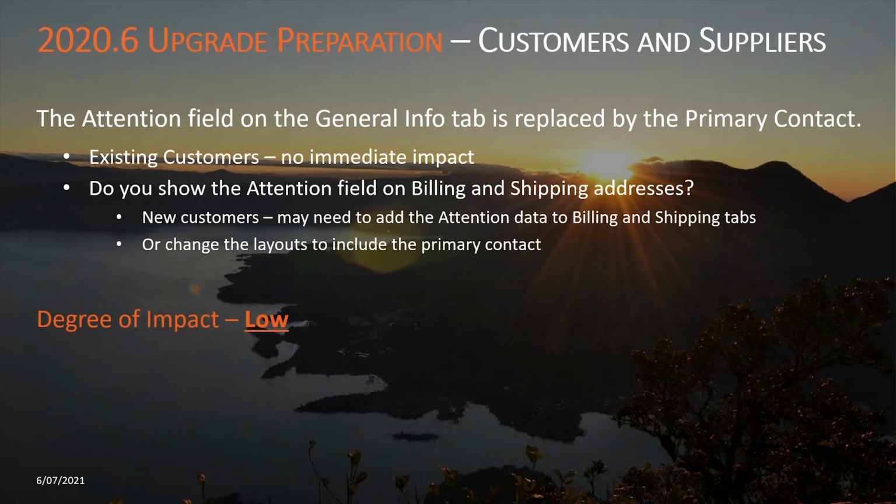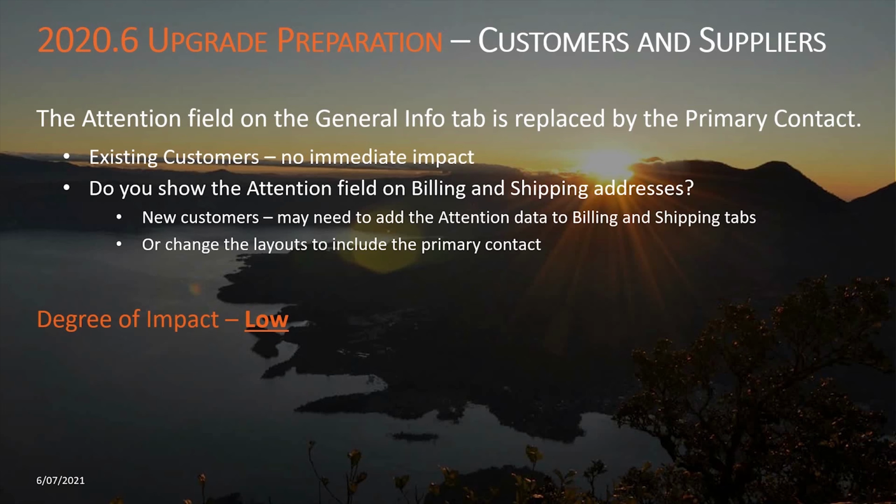Customers and suppliers. Because the attention field has been taken off, the general info tab has been replaced by the primary contact, there will be some impact going forward, but not on your existing customers that you've already established. If you've got a couple of thousand existing customers, the attention field on the billing and the shipping, no change there.